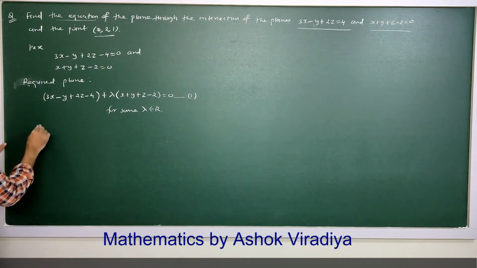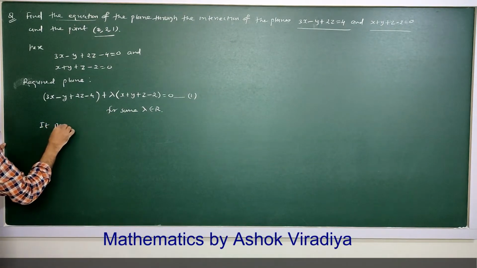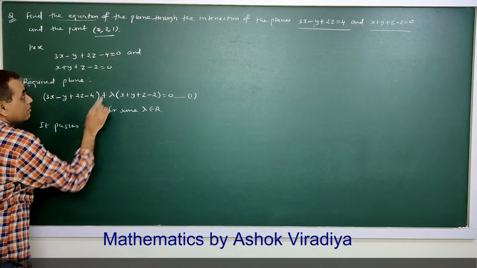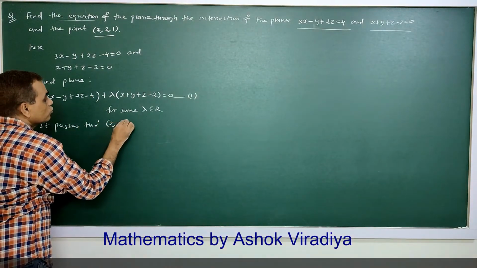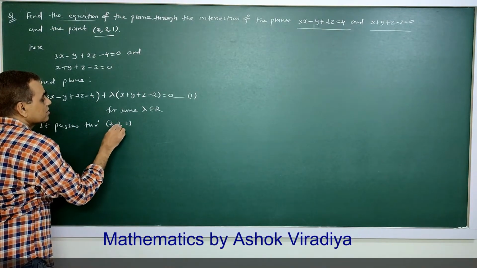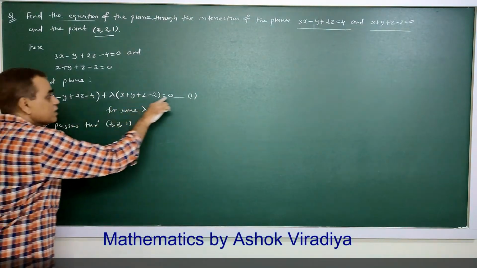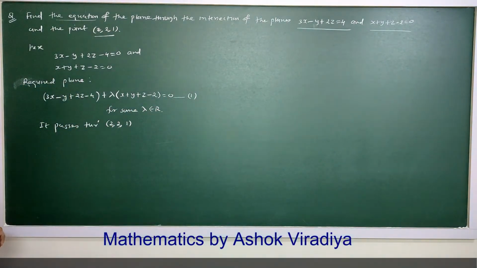So the required plane passes through the particular point (2, 2, 1). So this will satisfy the equation of the plane.